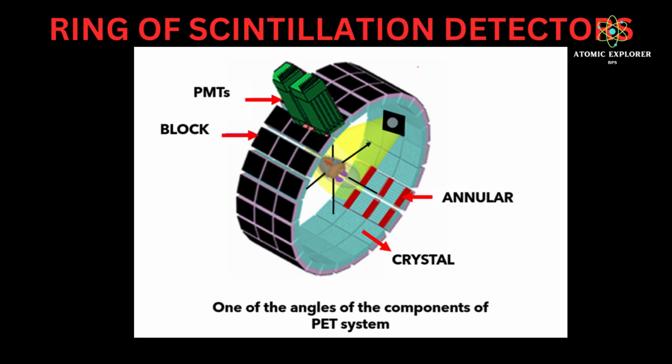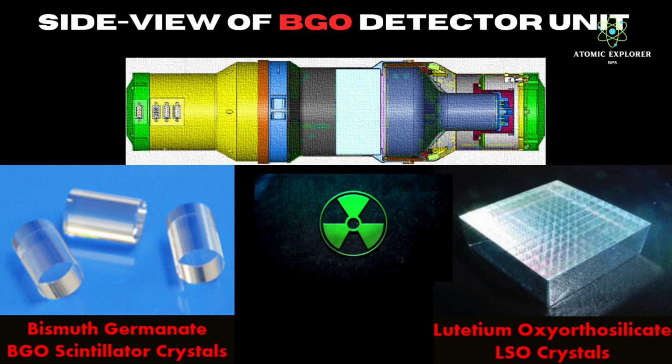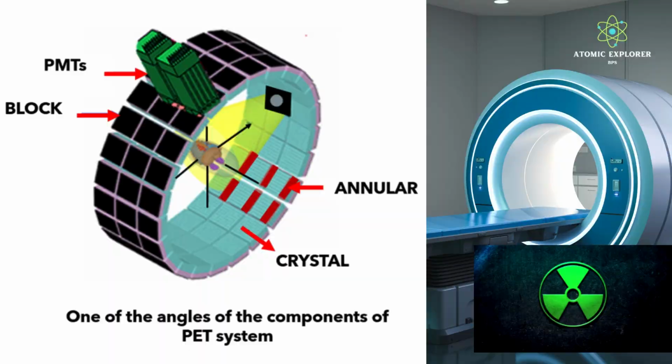These detectors use materials like BGO, bismuth germanate, or LSO, lutetium oxyorthosilicate, which emit visible light when struck by gamma photons. This scintillation light is then converted into electrical signals by photomultiplier tubes, or PMTs, or silicon photomultipliers.